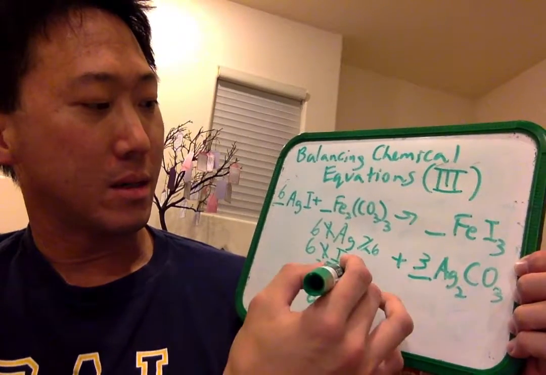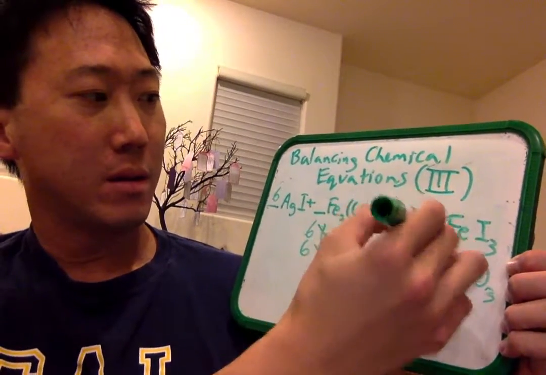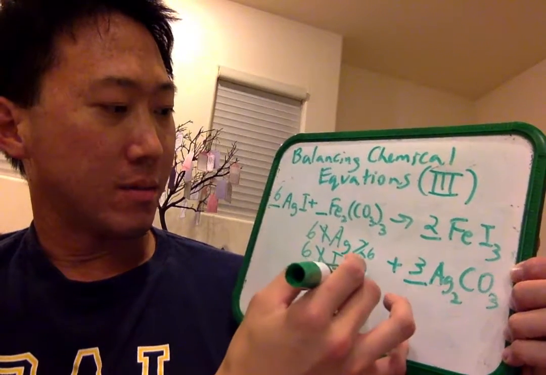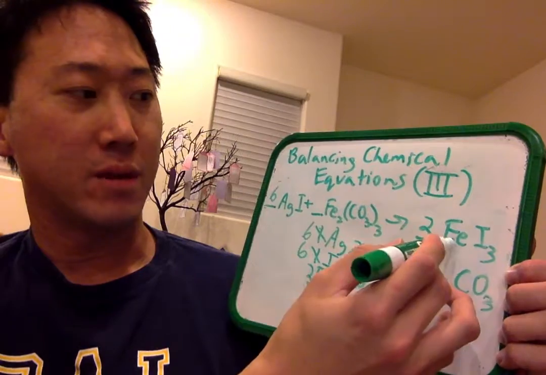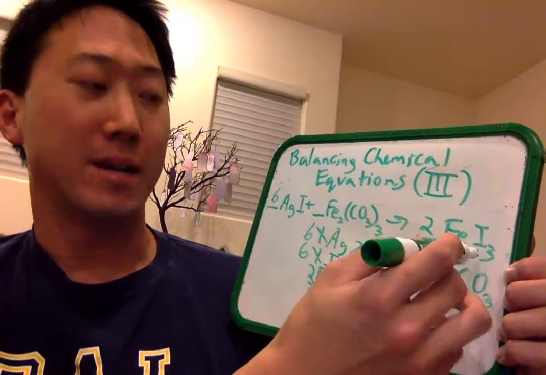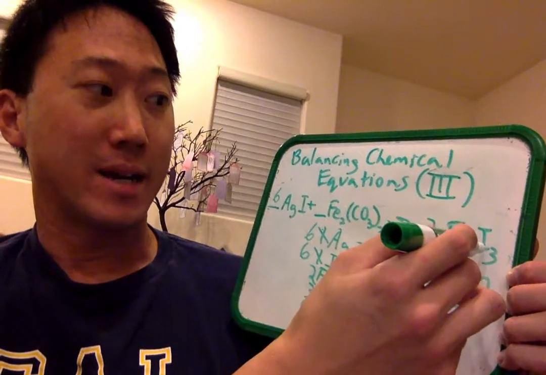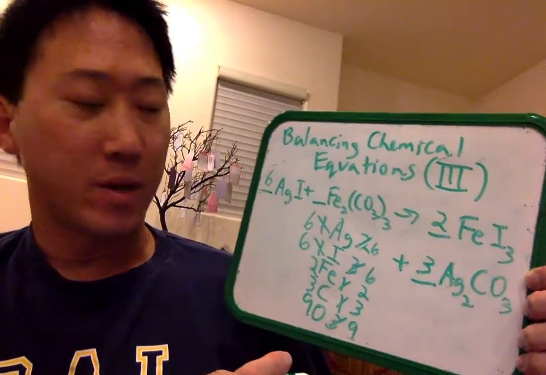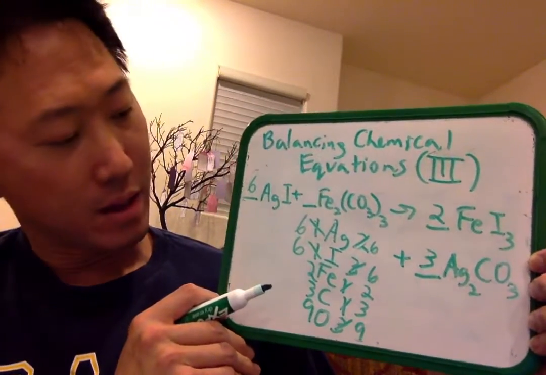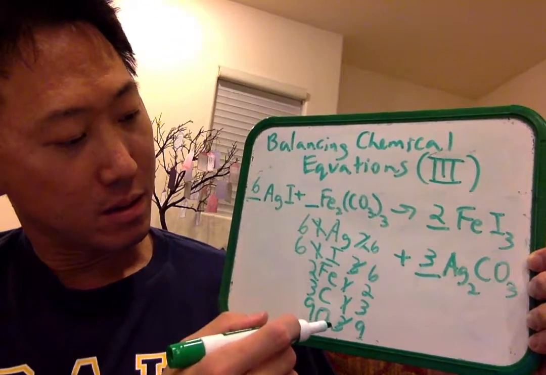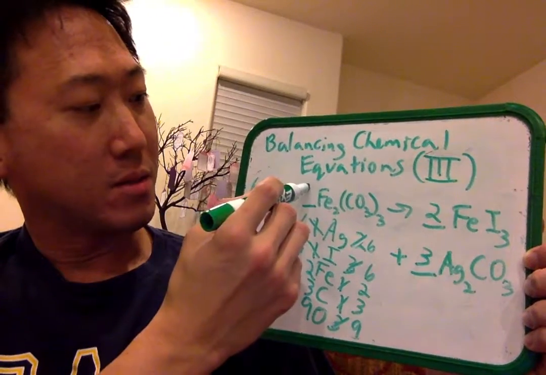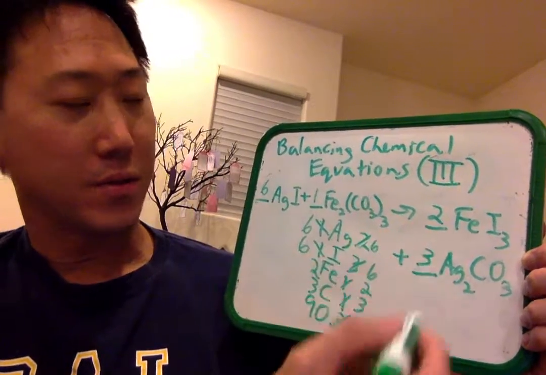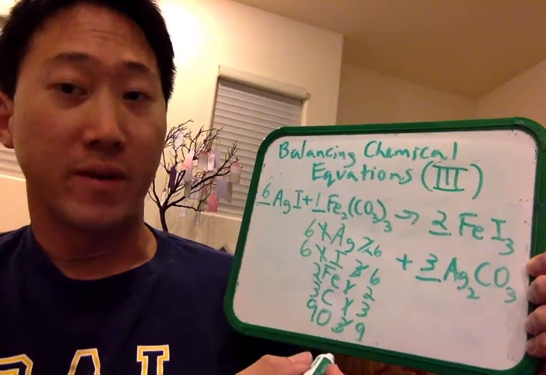We want to put a 2 here because 3 times 2 will give us 6 irons. So it could be 6 there, and then we have to change the iodine, I'm sorry. 2 times 3 is 6 iodine, and then here we have 2 irons. So now we appear to be balanced, if you can see that. So 6, 1, 2, 3. Okay, so that's kind of the old way of doing it.